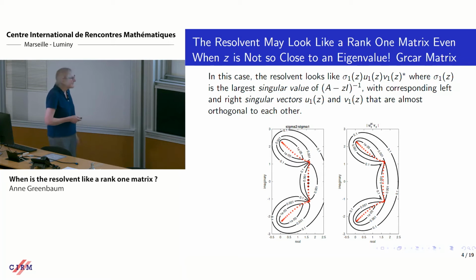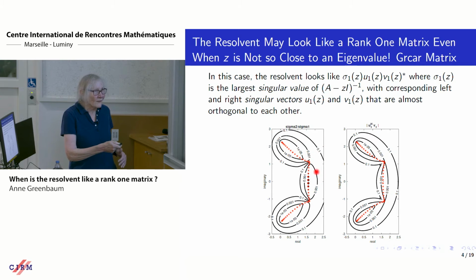However, what I found is that the resolvent may look like a rank 1 matrix for a much wider range of z values. This is the Gercher matrix that we heard so much about earlier. And what this picture shows is that everywhere inside this region, the ratio of the second largest to the largest singular value of (A minus zI) inverse is less than or equal to 10 to the minus 3.